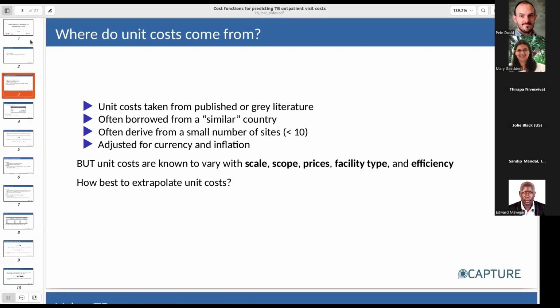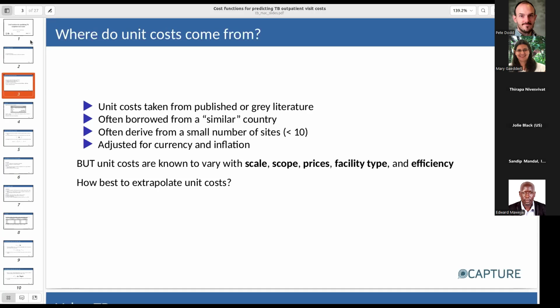So where do the TB unit costs usually come from? They're generally taken from secondary literature, published or grey literature, where unit costs don't exist for a country. They're often borrowed from a similar country, and typically published unit costs derive from a very small number of sites, especially in LMIC. 10 is actually a reasonably large sample size comparatively when you look at the literature on TB costing studies.